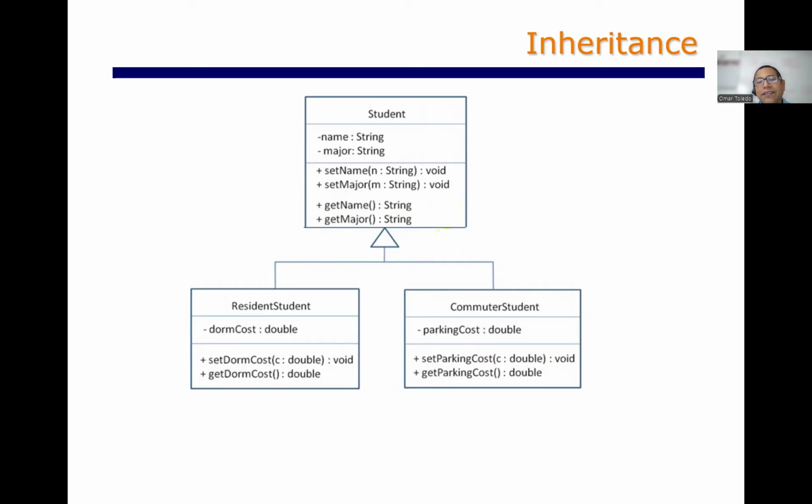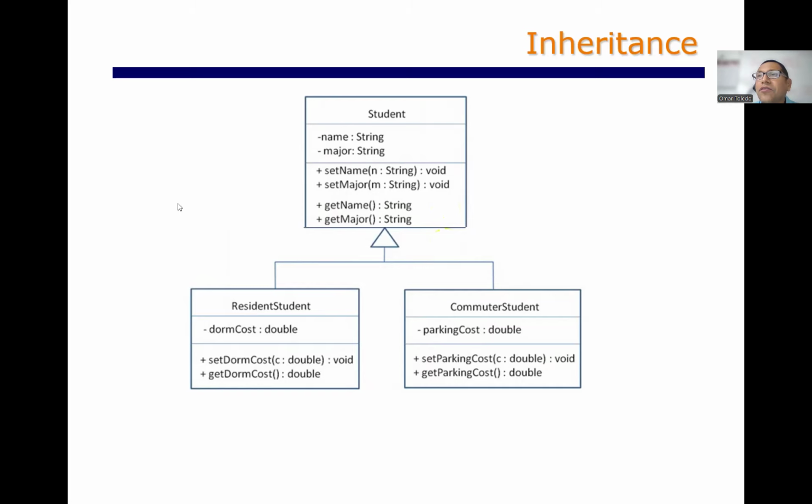Of course, we're going to get the setter and the getter, set dorm cost and get dorm cost. What about commuter student? The same thing. You're gonna put just the specific characteristic and method there. So what is unique in commuter student? Parking cost. Of course, you're gonna have the setter and the getter. Set parking cost and get parking cost.